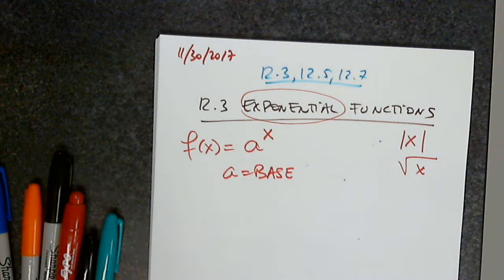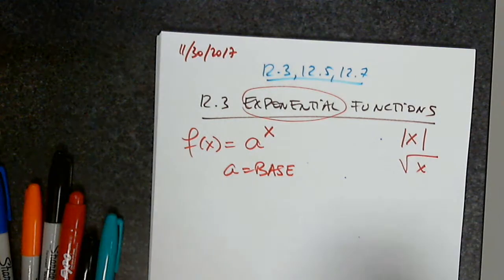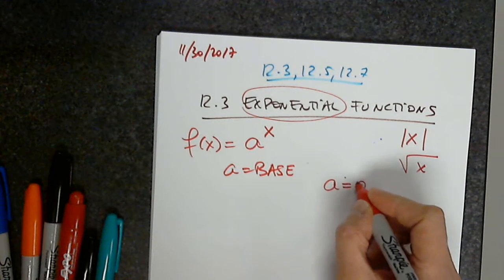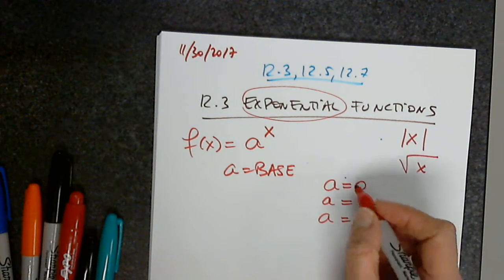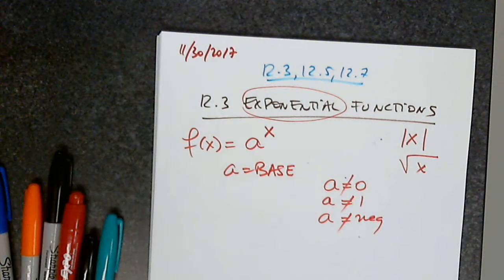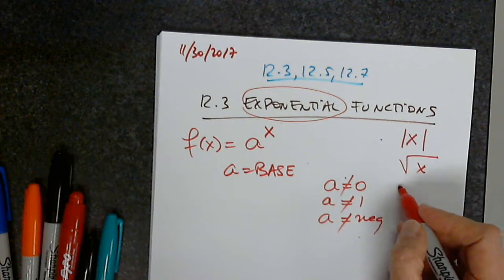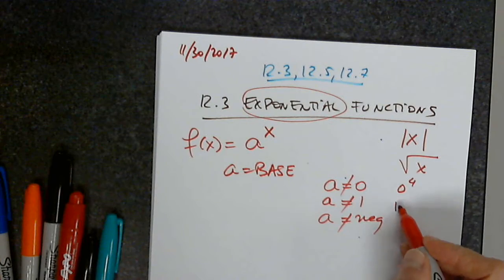However, there is a potential problem here. We cannot have the base be 0. We cannot have the base be 1 or a negative number. These are not allowed. And you could say, why? I can raise 0 to 4. I can raise 1 to 10.